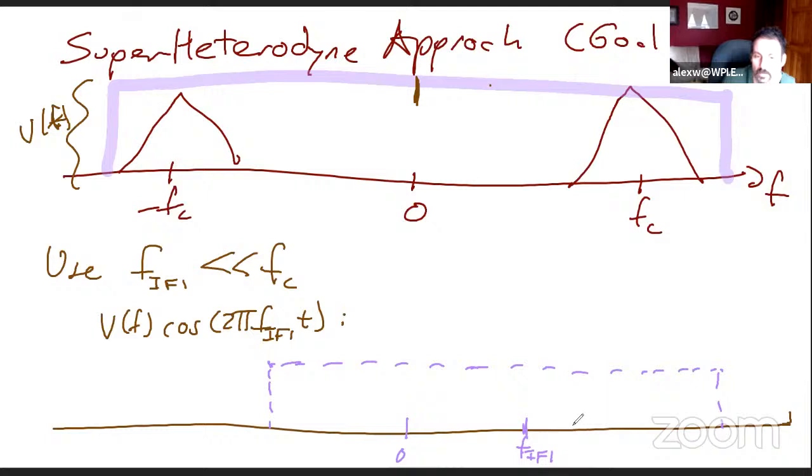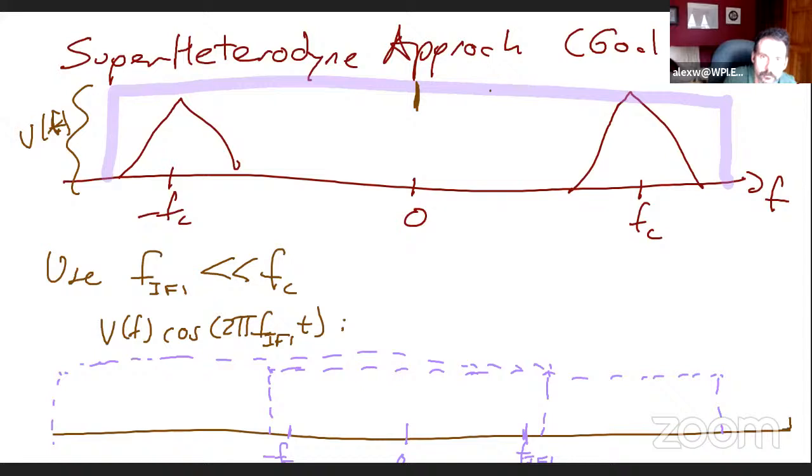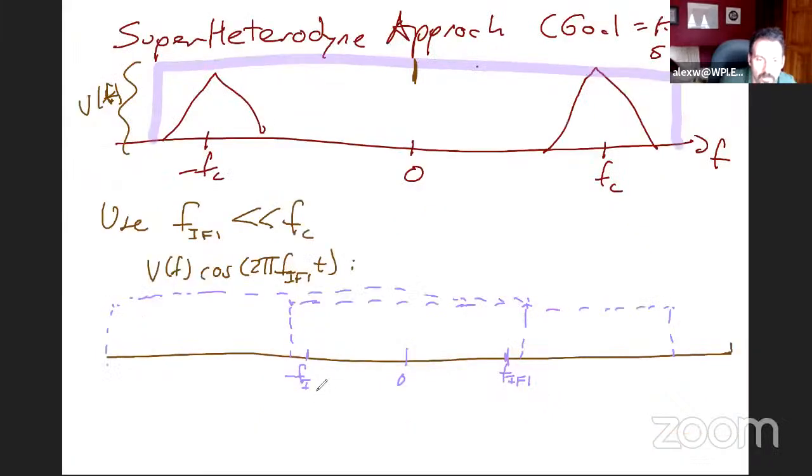Let's see, got to be careful here. Got to be super careful. I take another block, and it goes to minus FIF1.